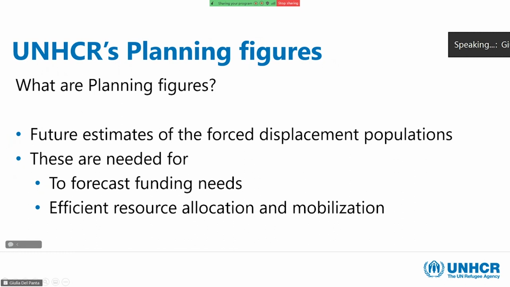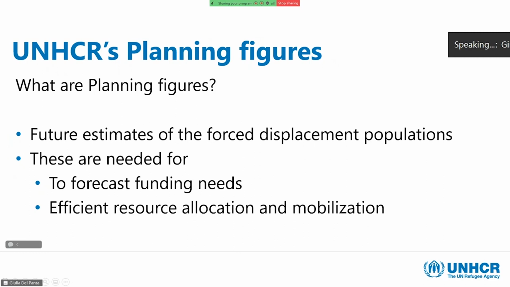These are used for planning purposes to understand what our funding needs might be in the future, how much funding needs to be collected, and to plan for resource allocation, like which regions will likely experience more forcibly displaced and need more resources, etc. This is very important, and this is done by working with experts and the government, just sitting all together and thinking about what could happen in the future.